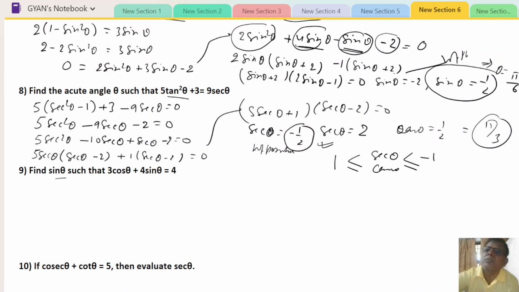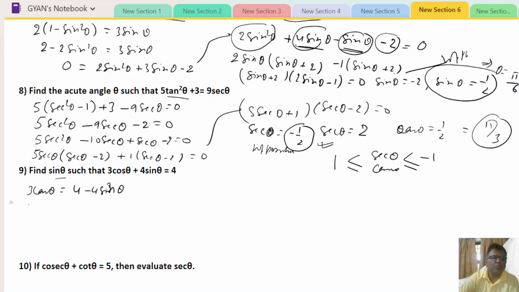How are you going to solve it? Take the other terms to the other side and square it. So 3 cos theta is equal to 4 minus 4 sine theta.